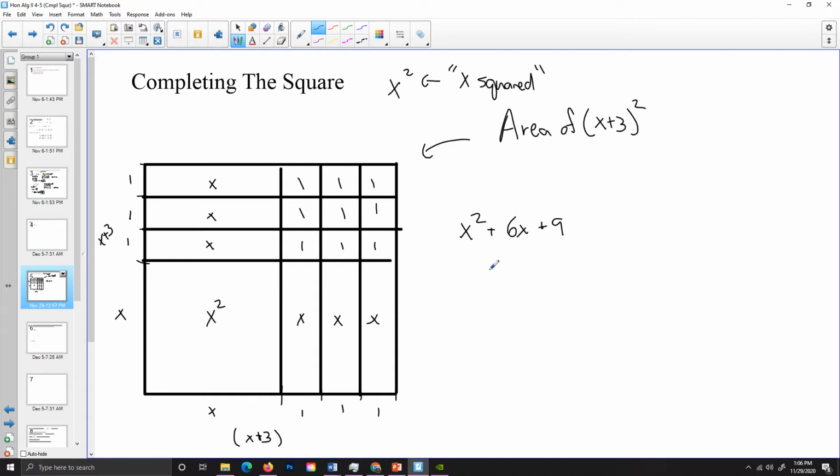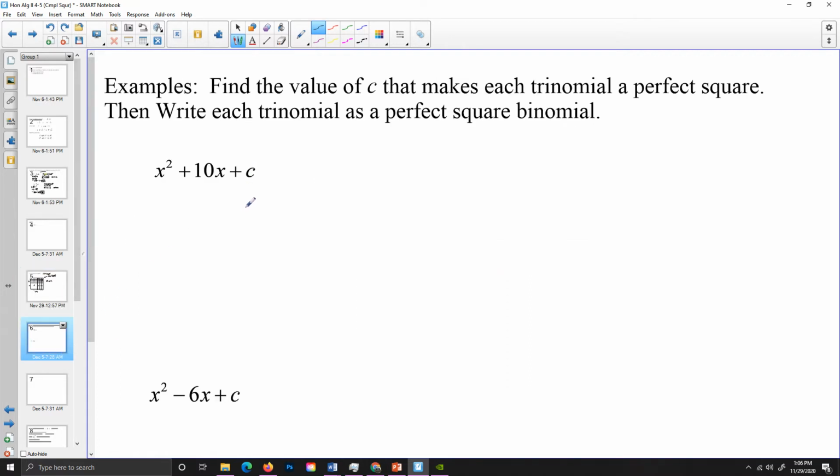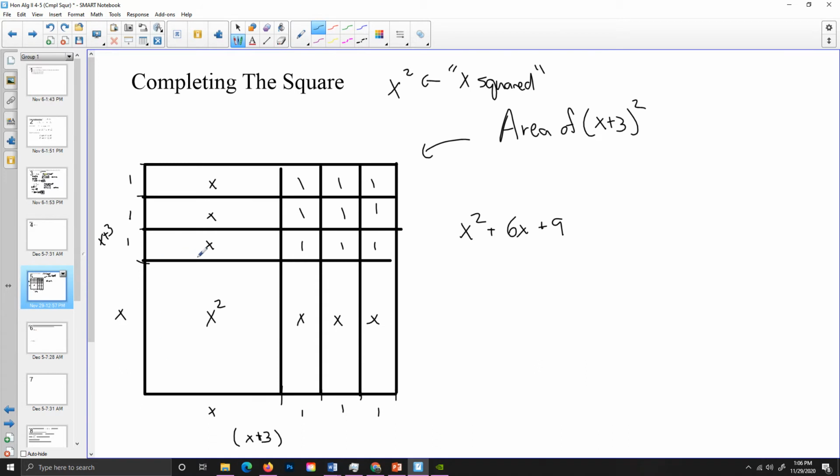And so what we're going to try and do here, in these next examples, is find a value of c that makes this into one of these perfect square trinomials.